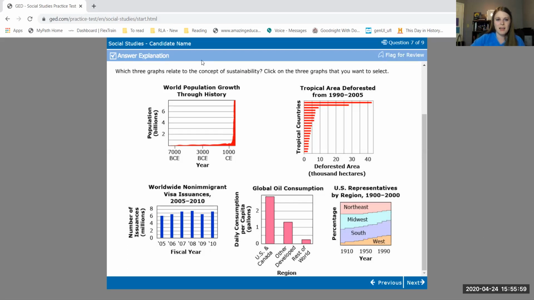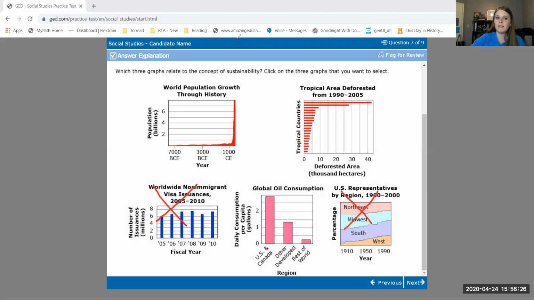So I think I may go ahead and just mark that one out. All right, this one, global oil consumption. Well, oil, that's part of nature. We pull it from the ground. So I think there might be a connection there. I like that one. And then the last one, U.S. representatives by region. So our government representatives. I don't see the connection to nature or the environment there. So I'm going to mark that one out.